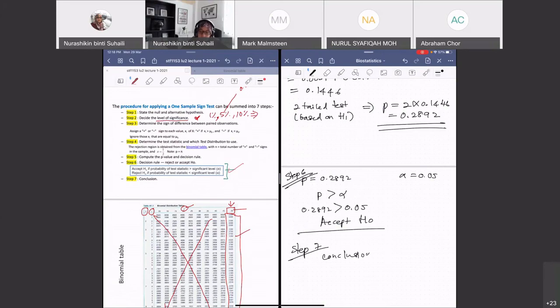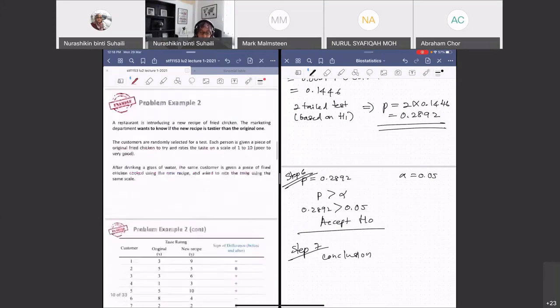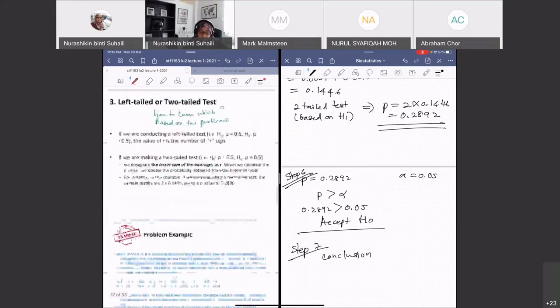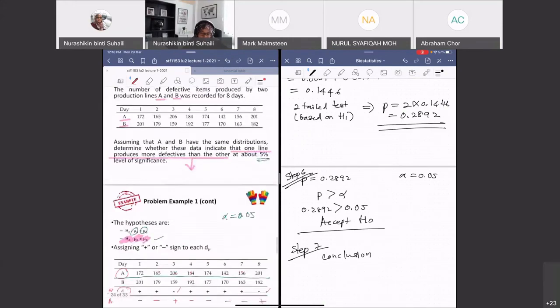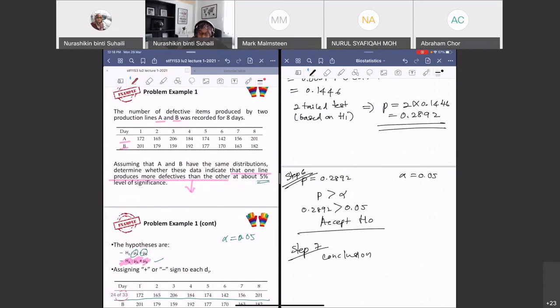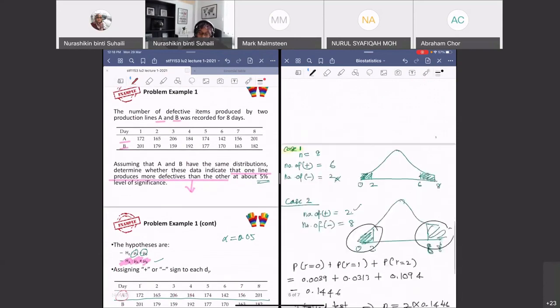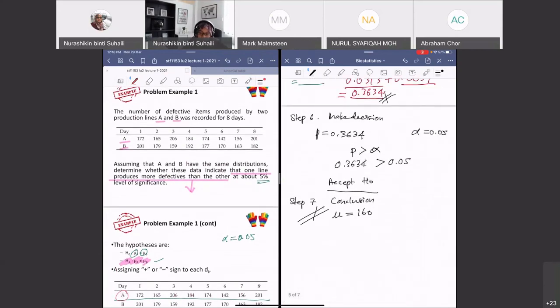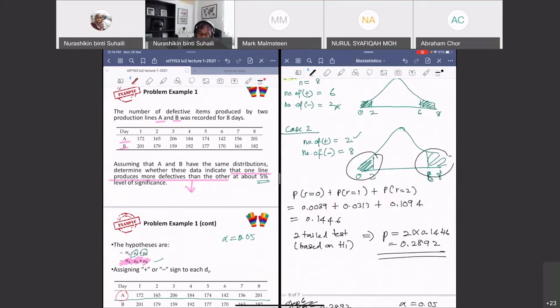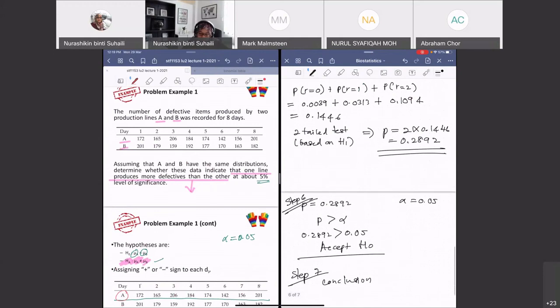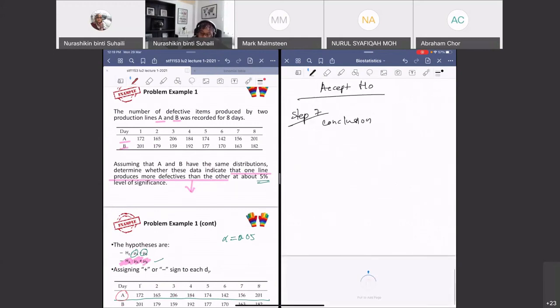Okay, so to make conclusion, we have to go back to the question. We have to go back to the problem and state the thing specifically. Okay, so in this case, what is our null hypothesis? The null hypothesis is this one.